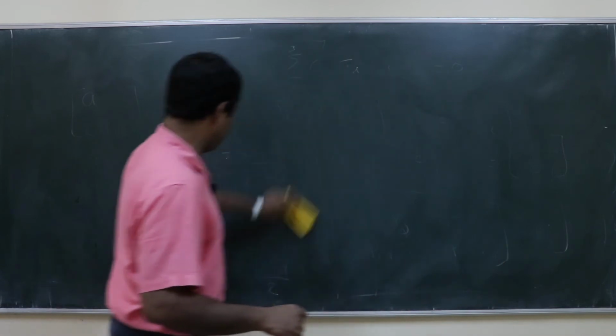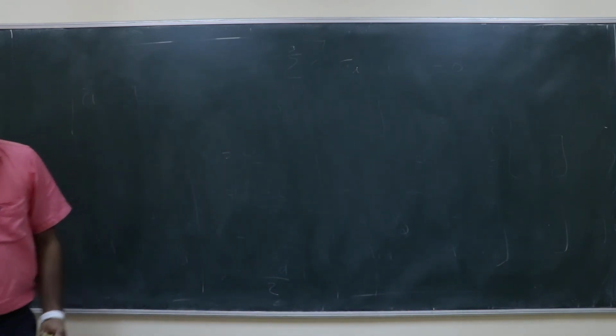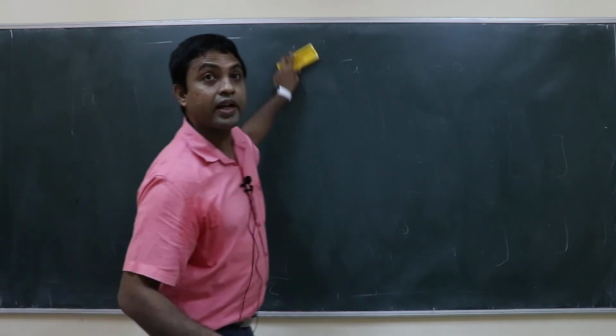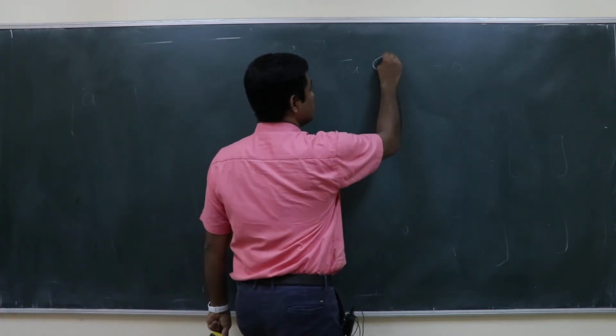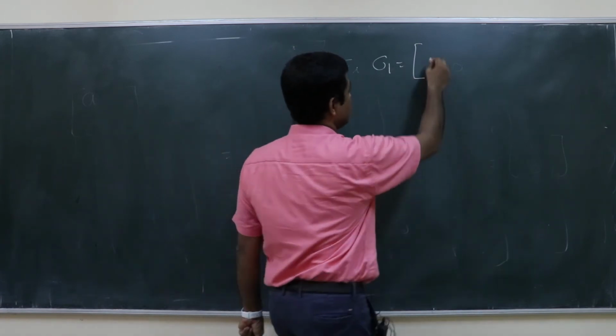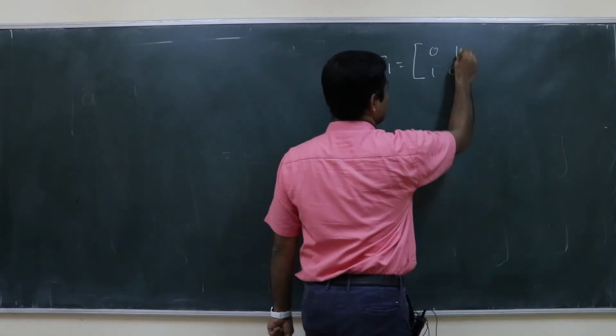So what is the trace of all these matrices? Let me write down these matrices so that you can see. Sigma 1 is 0 1 1 0.